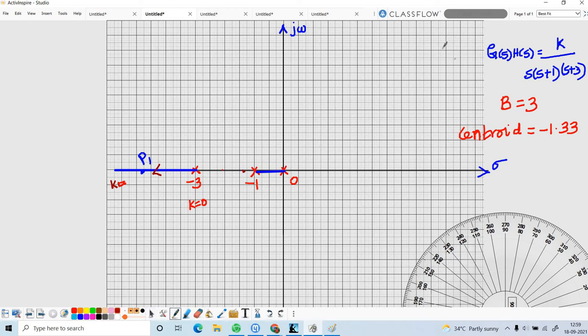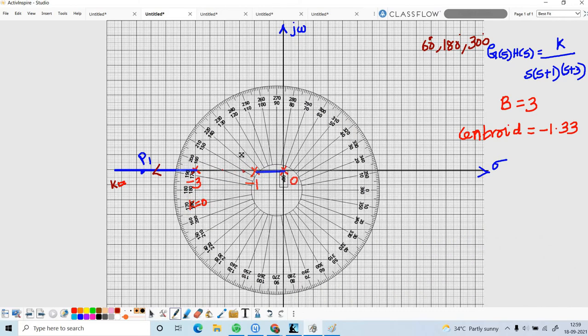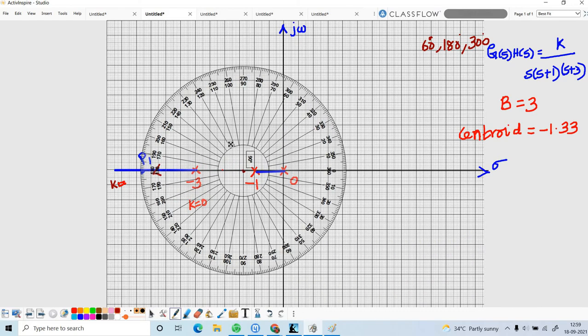The asymptote angles are 60 degrees, 180 degrees and 300 degrees. I am using the protractor to mark the asymptote angles. So I have to place the protractor's middle point at the centroid.